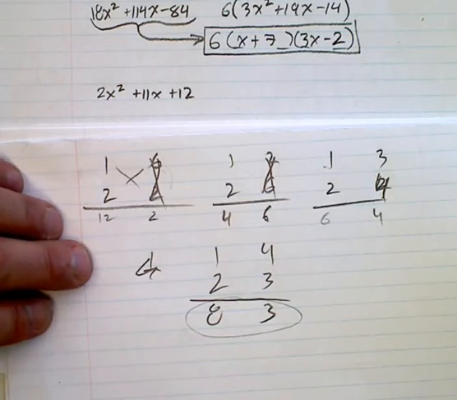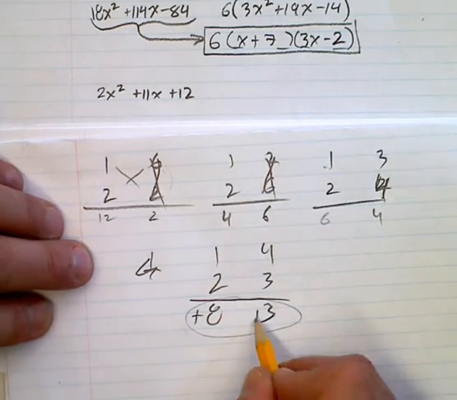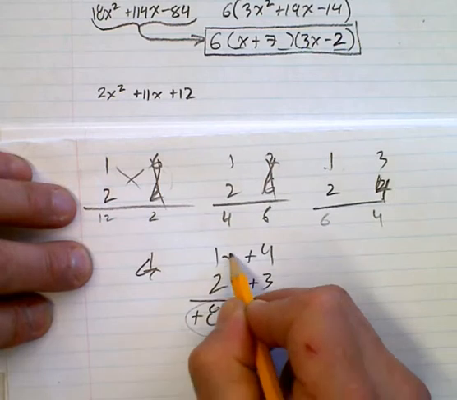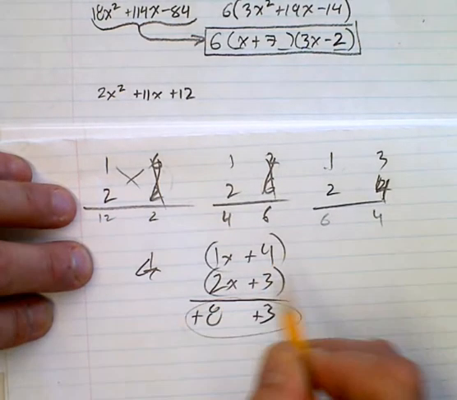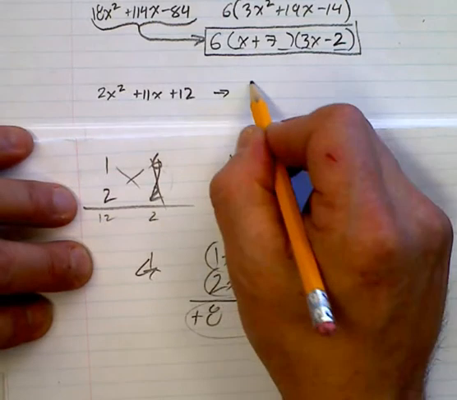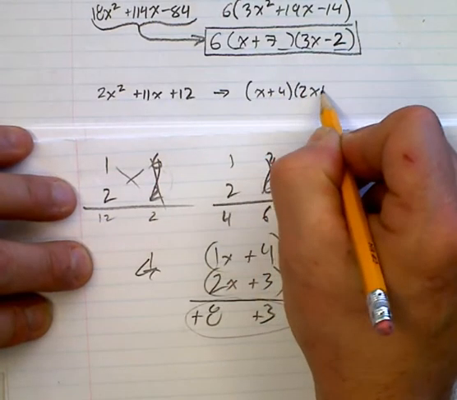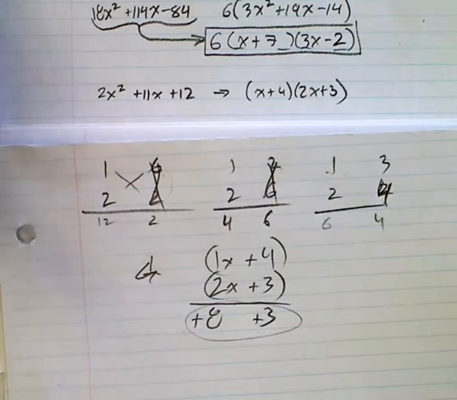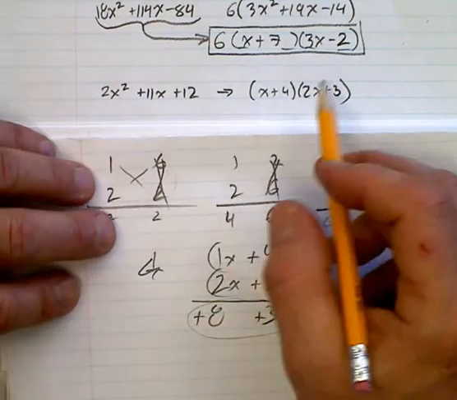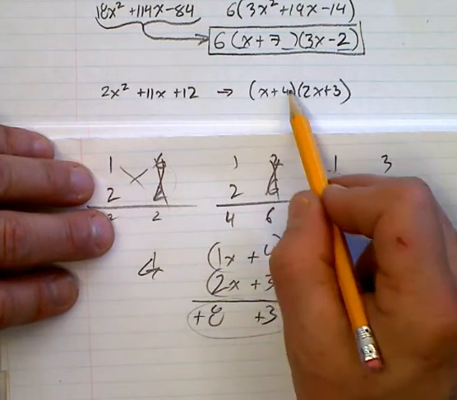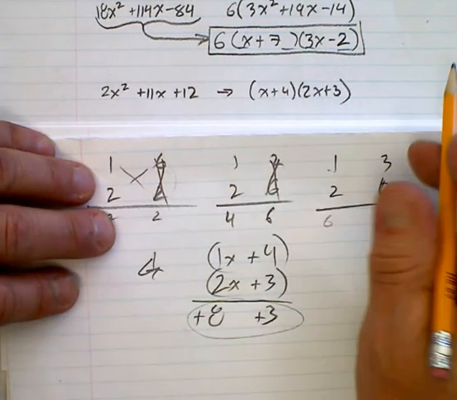Yes, you can, right? If they are both positive, then you have 1x plus 4 and 2x plus 3. So that would break down into x plus 4 and 2x plus 3. If you wanted to check your answers, you can always FOIL these out, right? 2x squared, that gives you plus 12, 8x, 3x gives you 11x, and you're done.